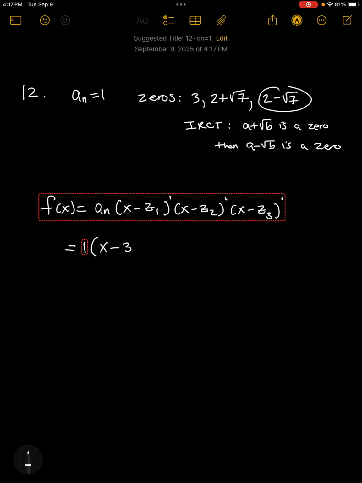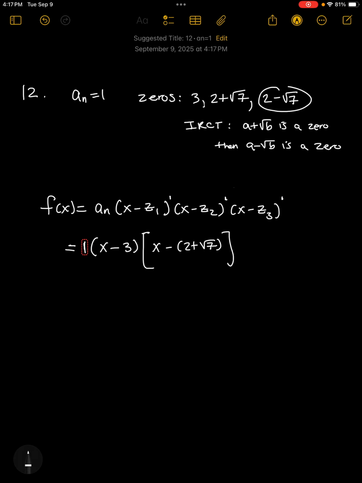Our first 0 is 3. Now, when you plug in that second 0 of 2 plus root 7, x minus parentheses 2 plus square root of 7, and then new brackets to start a new bracket, and then x subtract my third 0, which would be 2 minus the square root of 7.